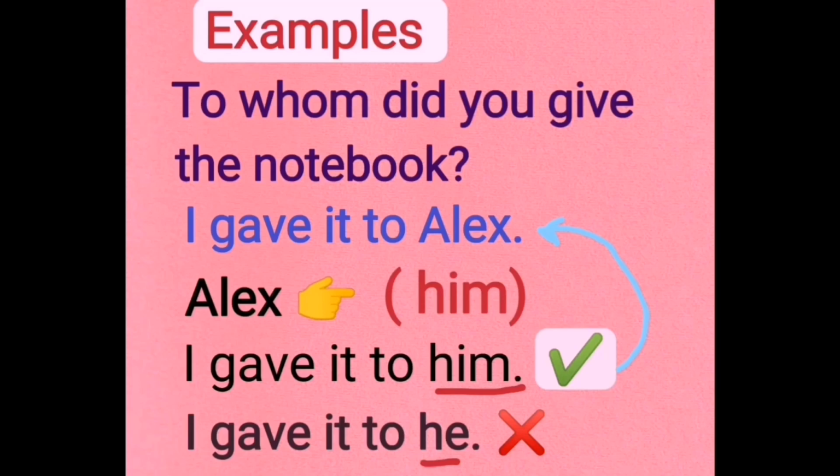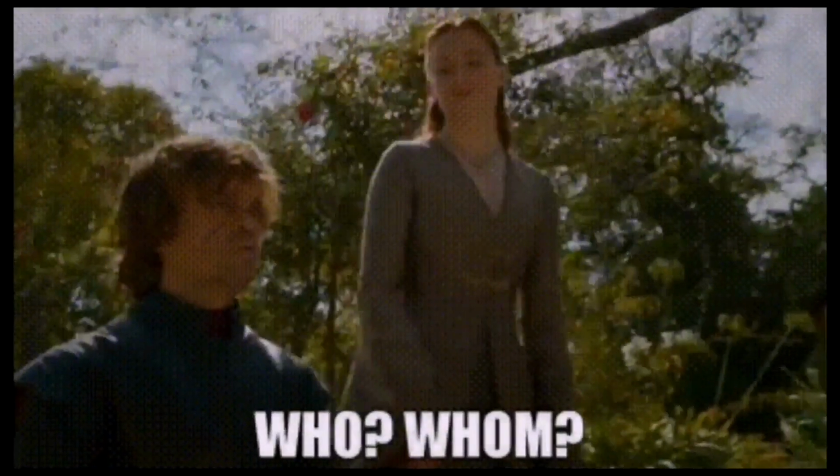And we cannot say I gave it to he. So see the difference? I gave it to him is the correct one, and I gave it to he isn't correct. It's false, simply, because whom is used to talk about the object.